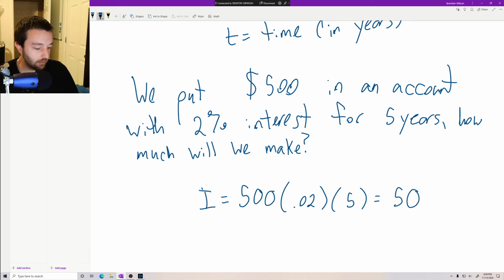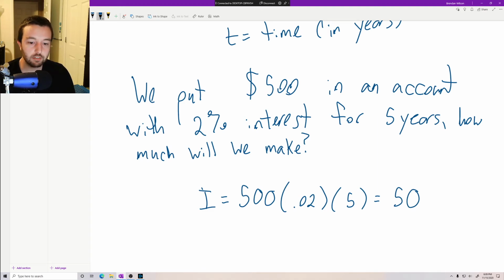So like I said, this is via simple interest. In practice, a lot of interest is typically compound interest. Compound interest means that you get interest on the principal plus any previously accrued interest.